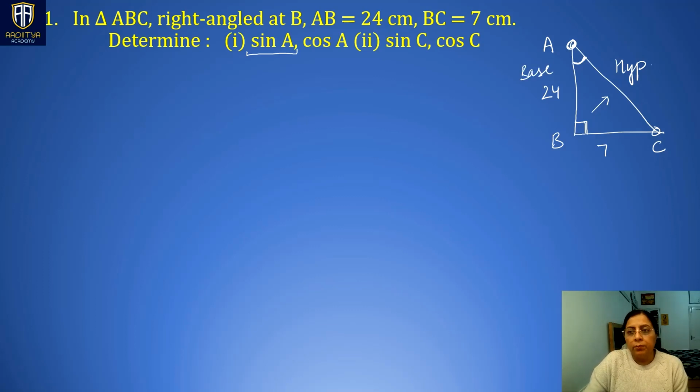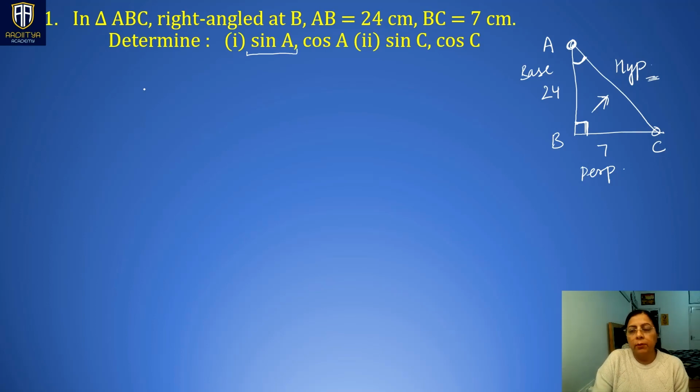For A, base becomes AB and BC becomes perpendicular automatically, right? So this is the difference. If you take C, these sides get reversed. Hypotenuse is fixed because whenever 90-degree angle is fixed, the side opposite to right angle is hypotenuse. This is the longest side. You must remember this. Hypotenuse is the longest side of right triangle.